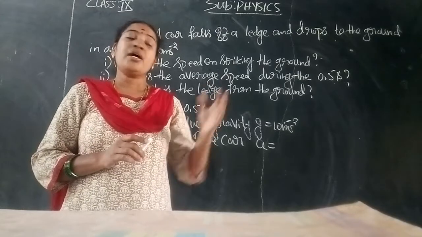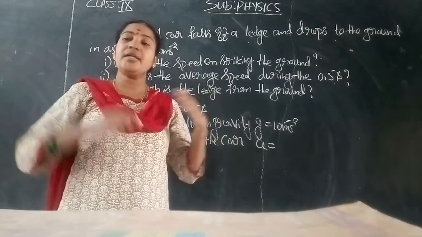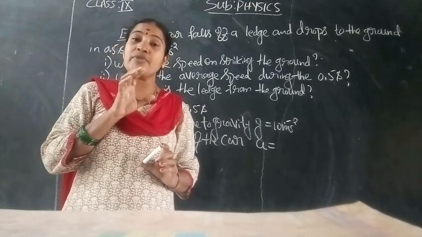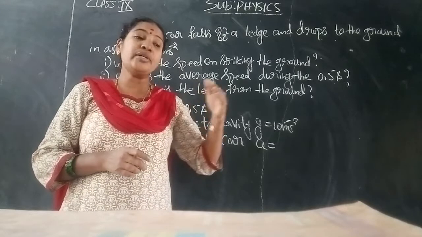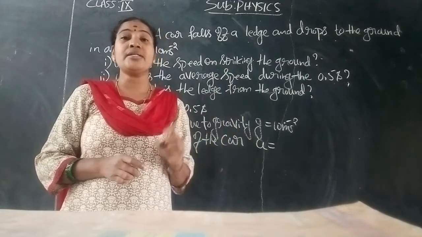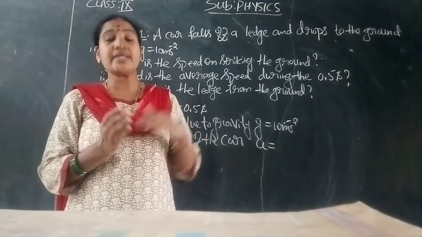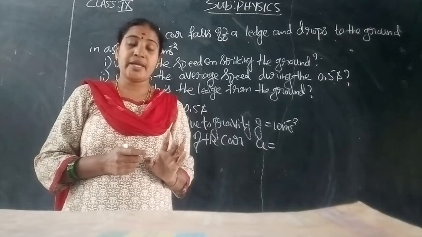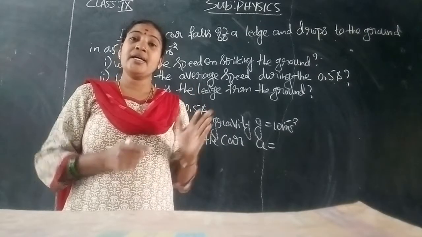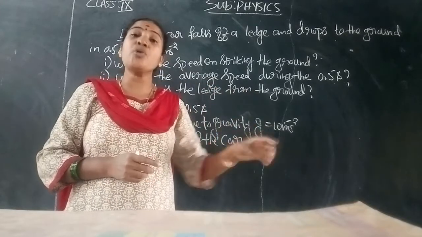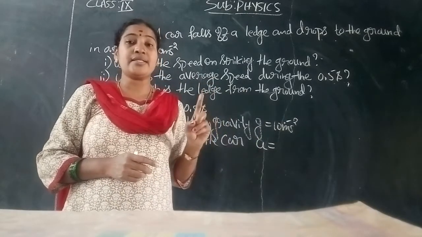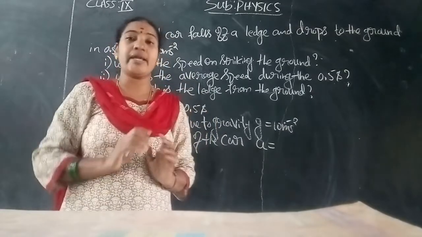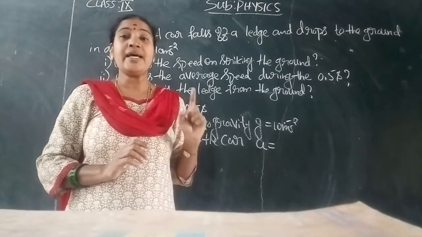When the direction of the motion is to the right or left, or downward or upward, if the acceleration of an object is in the direction of the motion, then we have to consider it as positive. If the acceleration is against or opposite to the direction of the motion of an object, then we have to consider it as a negative sign.